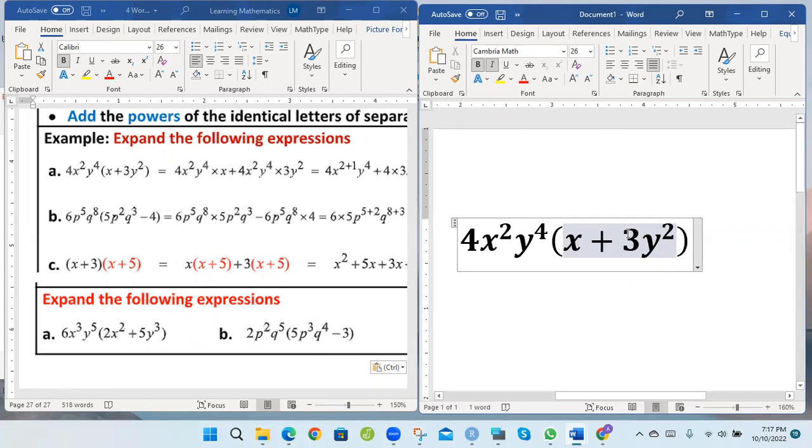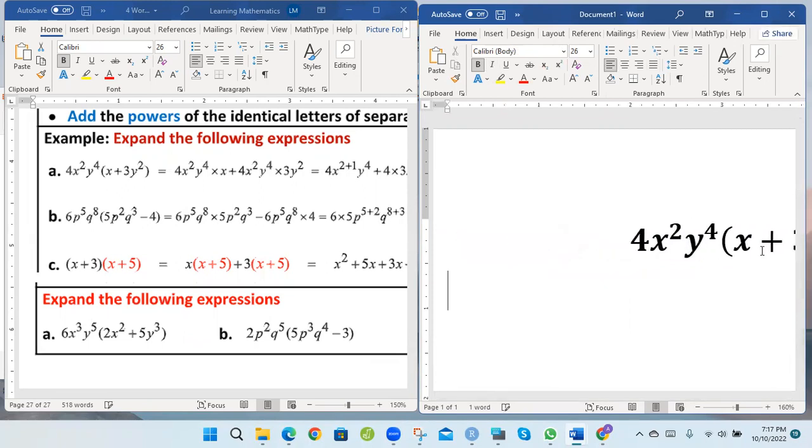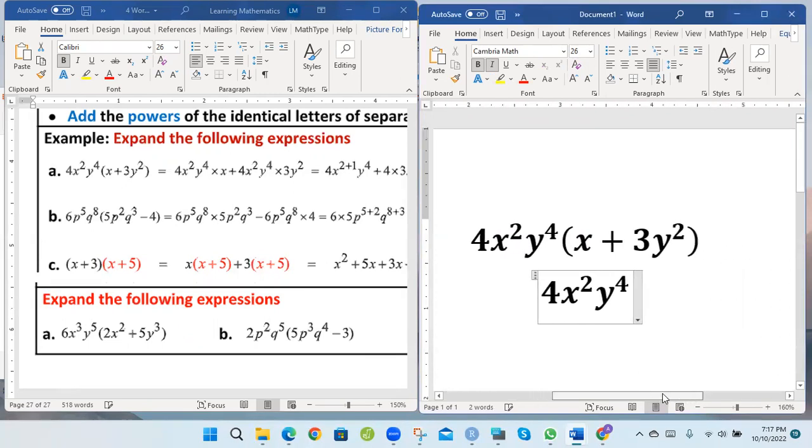Now, to expand this bracket, we have to multiply. We have to multiply 4x squared y to the 4 to each term in the bracket. There are 2 terms in the bracket. You've got x and you've got 3y squared.